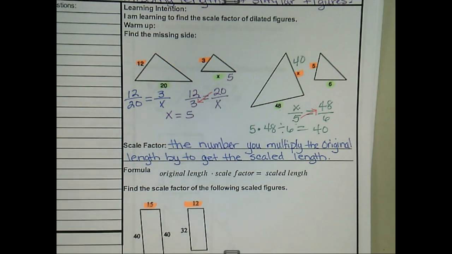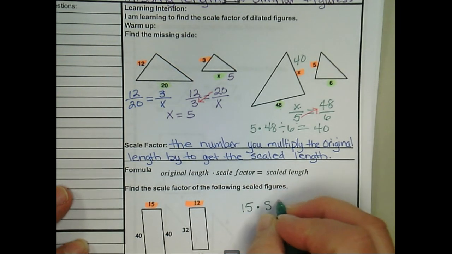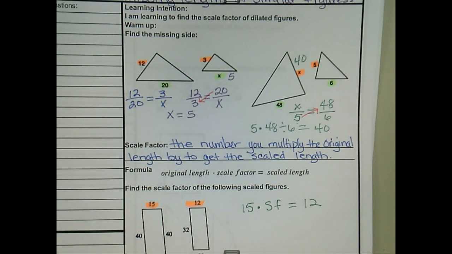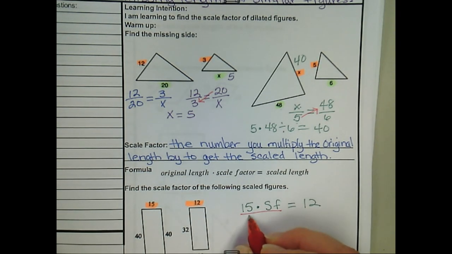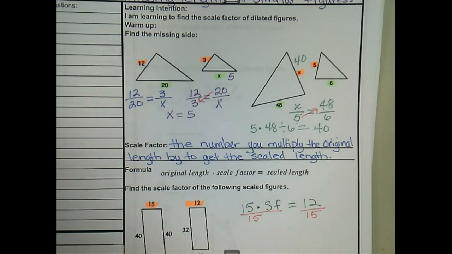Here's my formula. What is my original length? 15 is my original length, times my scale factor will give me 12. That's my scaled length. Now you're solving it with algebra. You're solving for your scale factor by dividing both sides by 15.